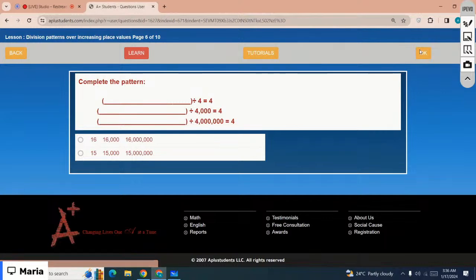Okay, the next one is complete the pattern. Missing number divided by 4 equals 4, which is the correct option. Missing number divided by 4000 equals 4.